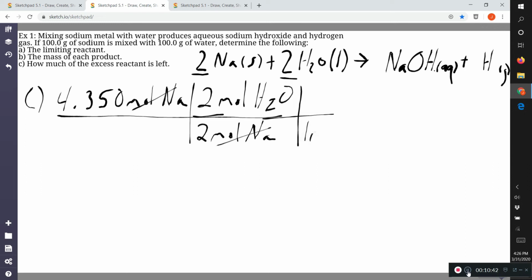So, 1 mole of H2O, we already did this calculation earlier, is 18.015 grams of H2O.